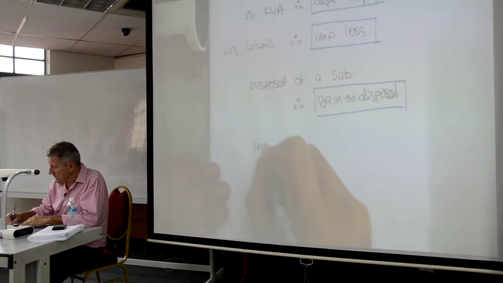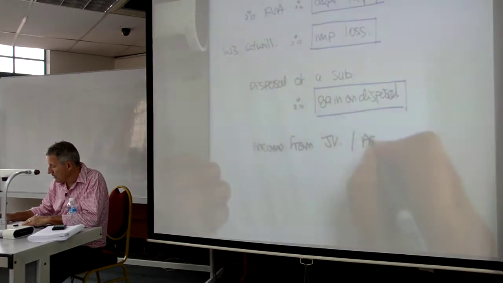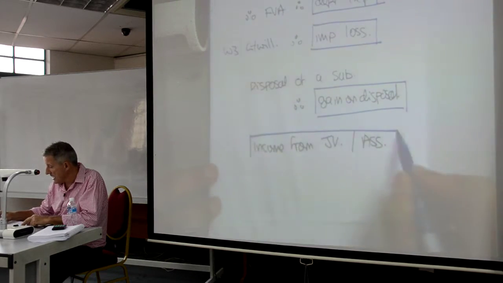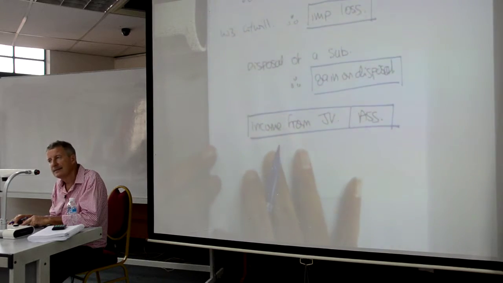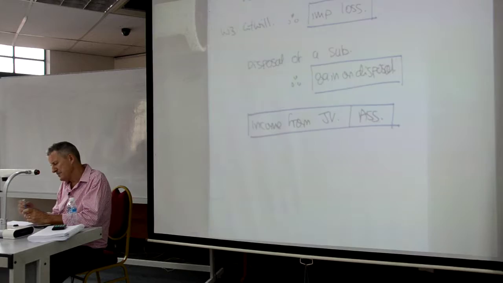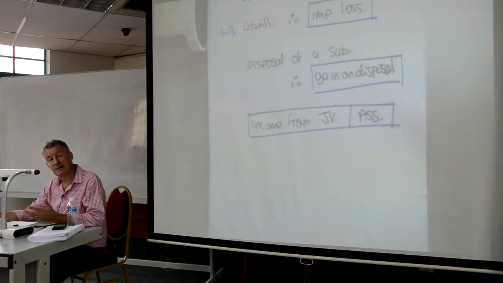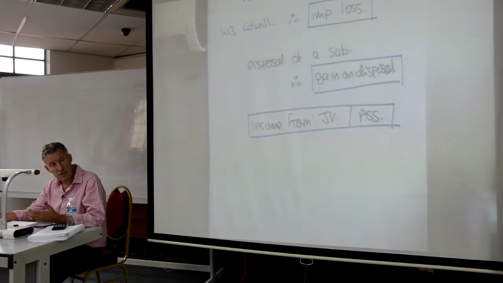If you've got an associate, you might have to do income from the joint venture, income from the associate, and that means that you would use equity accounting. You would have a single line. So, not every question has an impairment loss. Not every question has a disposal. Not every question has an associate. So you would have to pick and choose.